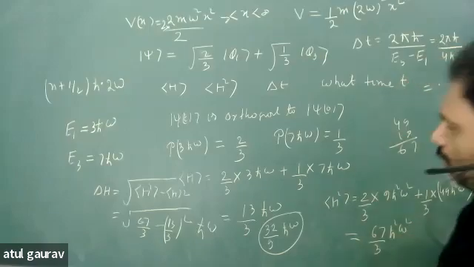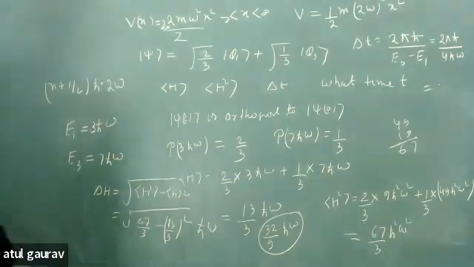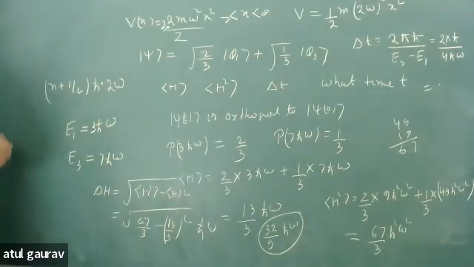So just keep it right here, and you have root 32 by 9 h cut omega as delta H. So what will be delta H into delta T?